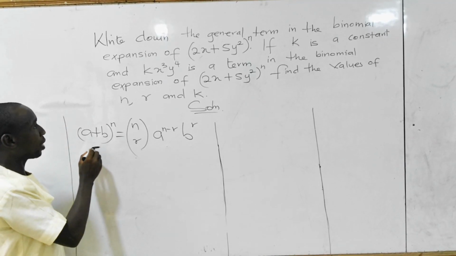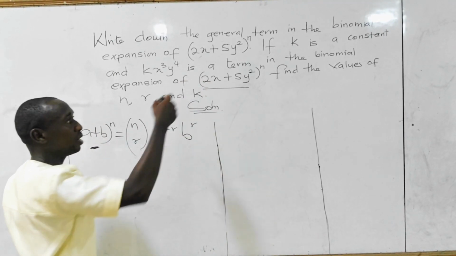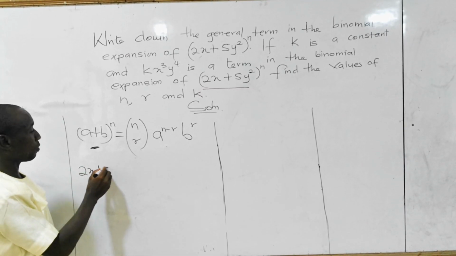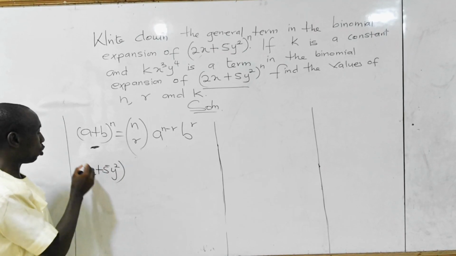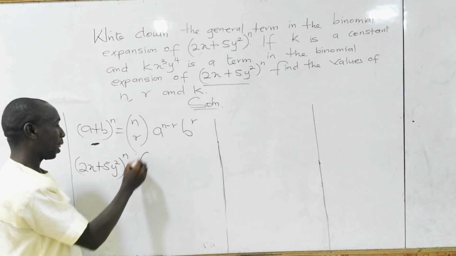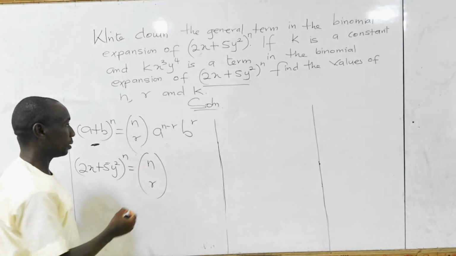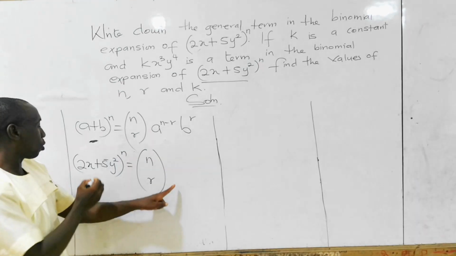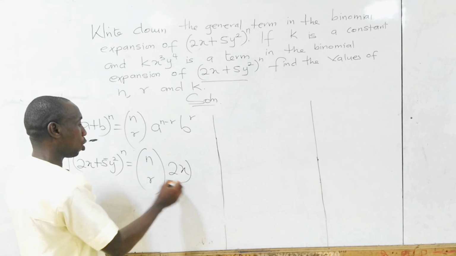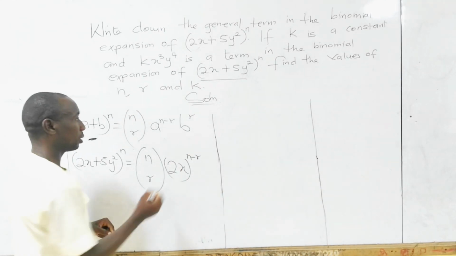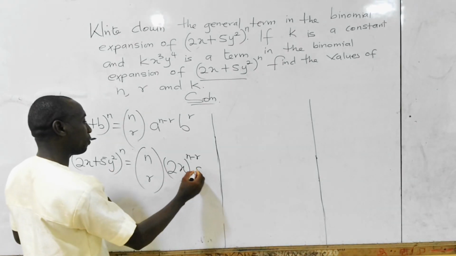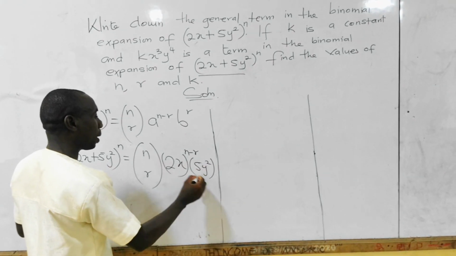By comparing this to our expression in the question, (2x + 5y²)^n equals nCr here. What is our a? By comparing, our a is 2x, that is (2x)^(n−r). What is our b? Our b is 5y², so we have (5y²)^r.